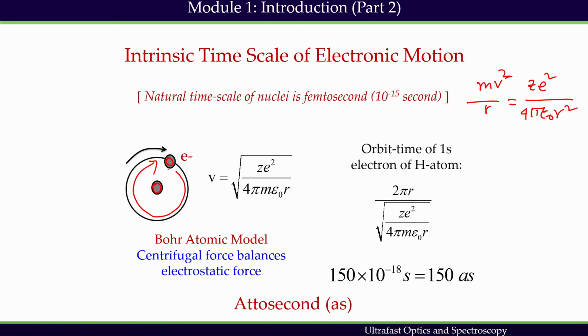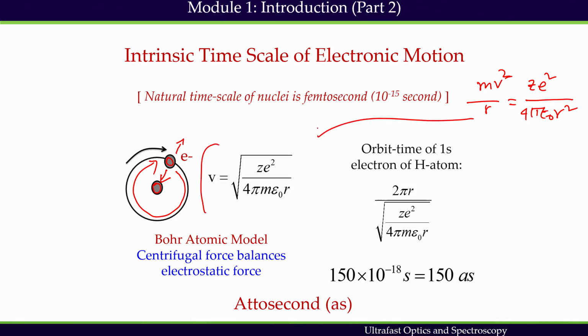The Coulombic electrostatic force is acting along this way and the centrifugal force is acting along this way. They must be equal to stabilize this atom, and if they are equal, then I'll be able to get the velocity.